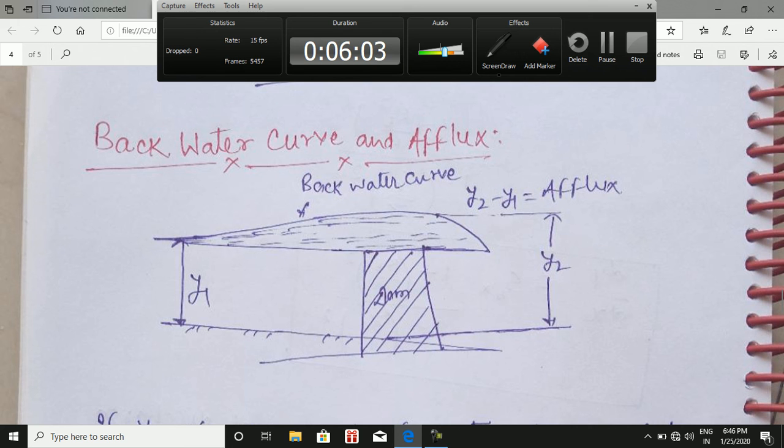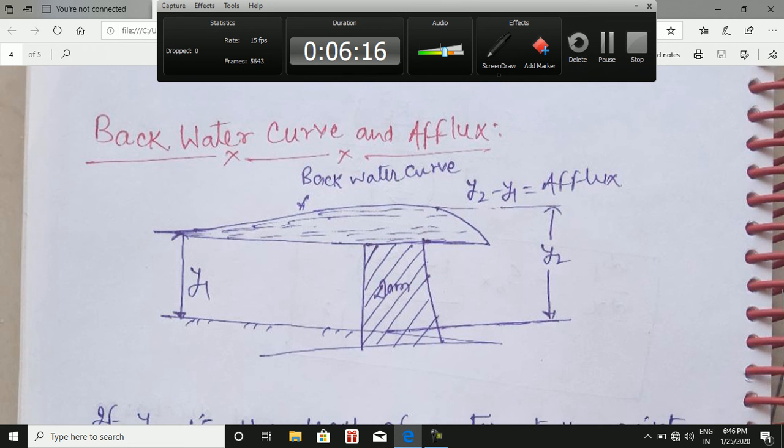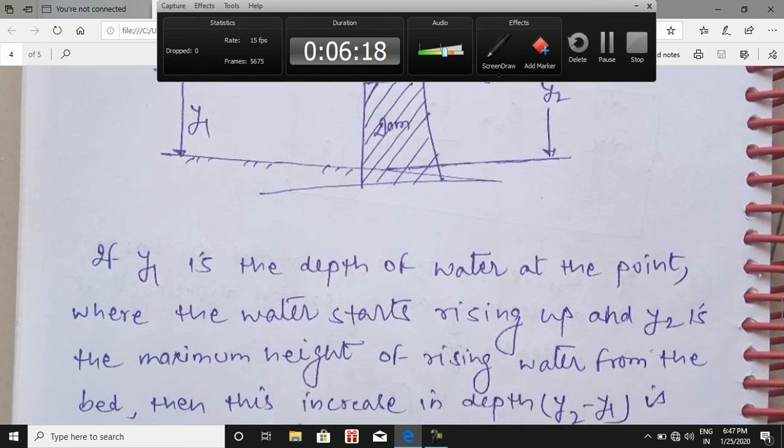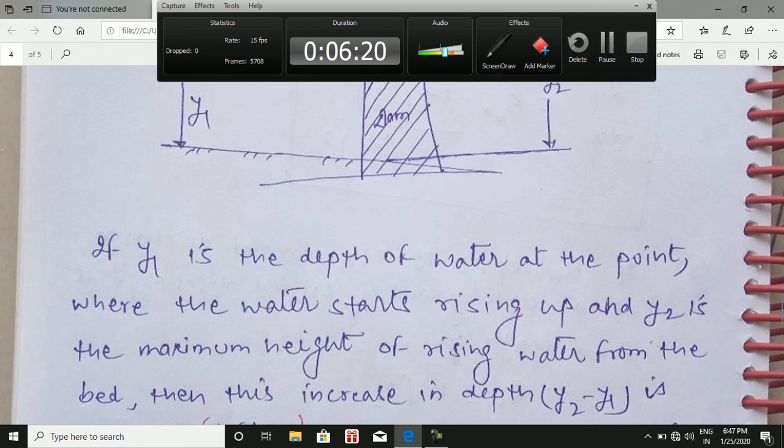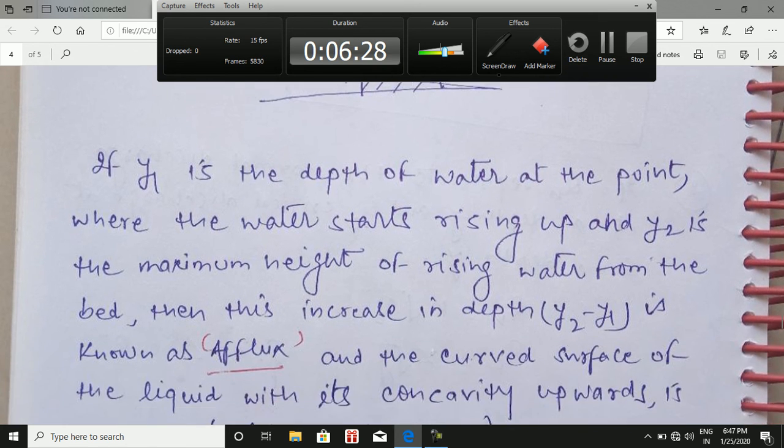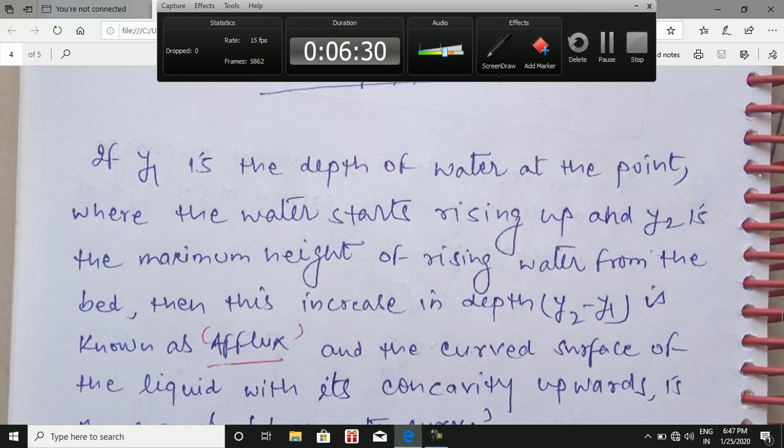In the figure we have shown that this is the y1 depth and this is the y2, in which water is flowing with respect to the dam. Here the curve is taken like the depth of flow increases. So if y1 is the depth of water at the point where the water starts rising up, and y2 is the maximum height of rising water from the bed, then this increase in depth, y2 minus y1, is known as afflux.